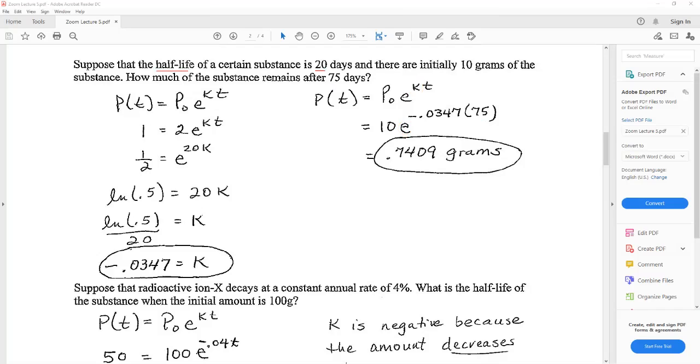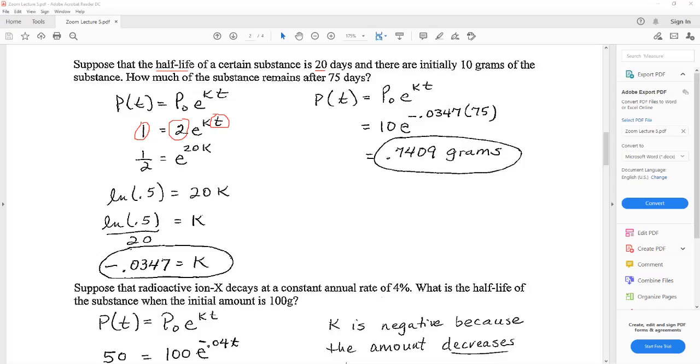If I start off with 2 units of this substance, I don't know what the substance is, they didn't tell us, but if I start off with 2 units and I go down to 1 unit, and I know that it takes 20 days for that to happen, I would plug in 20 here for time.